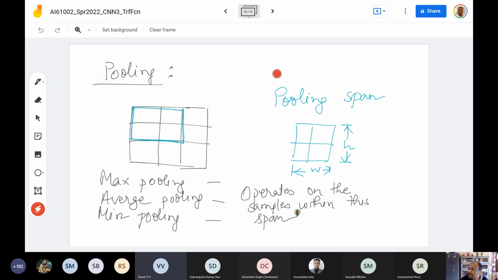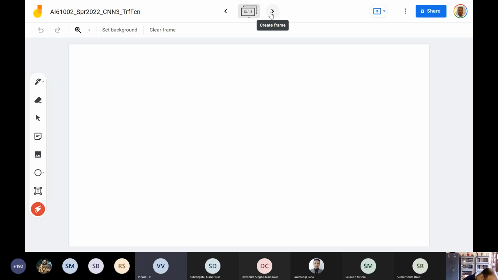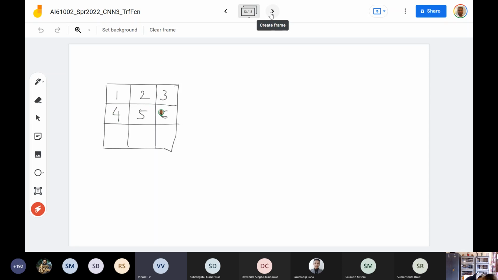So if we take this example over here, let's say I have this 3 by 3 matrix, 1, 2, 3, 4, 5, 6, 7, 8, 9. Okay, and I am doing a 2 cross 2 pooling.